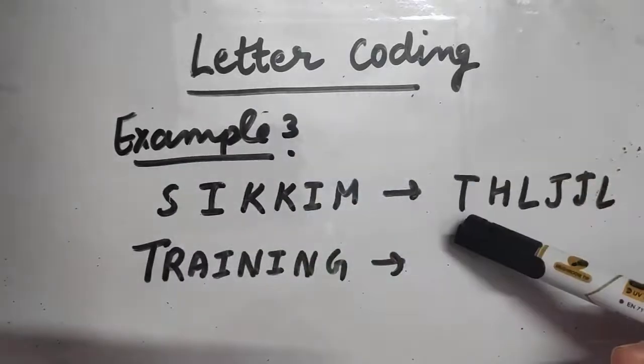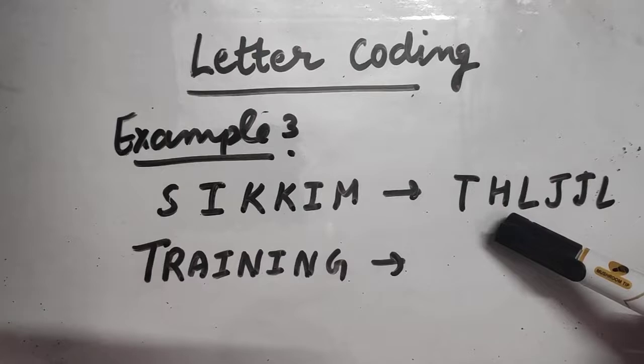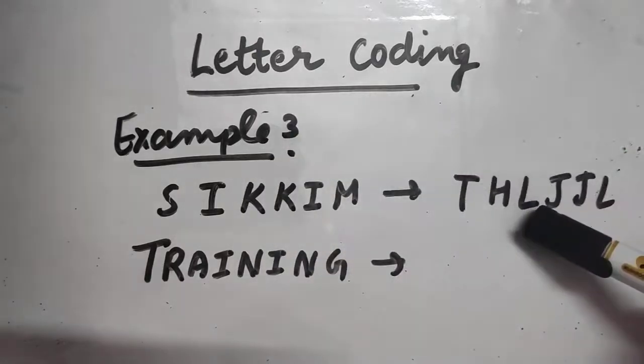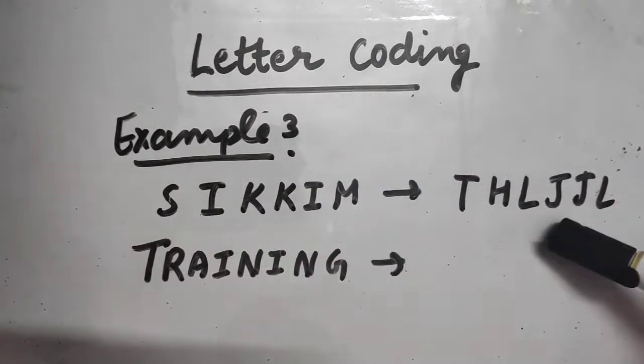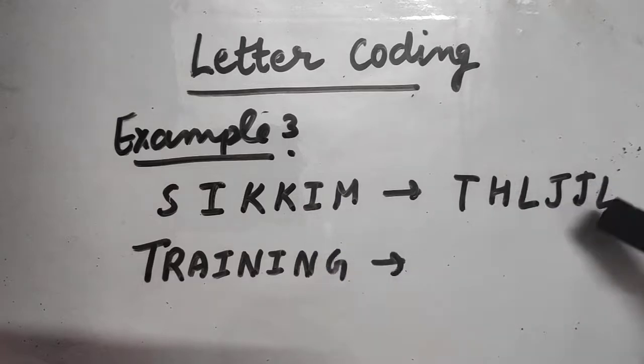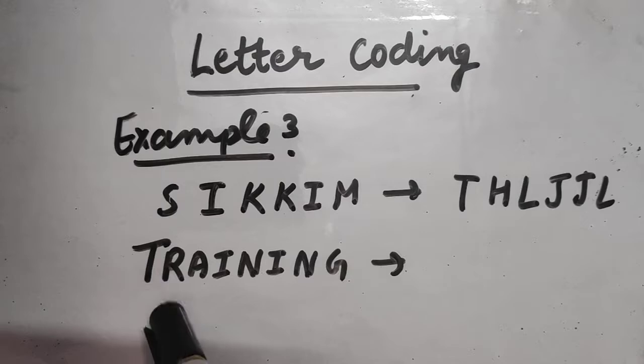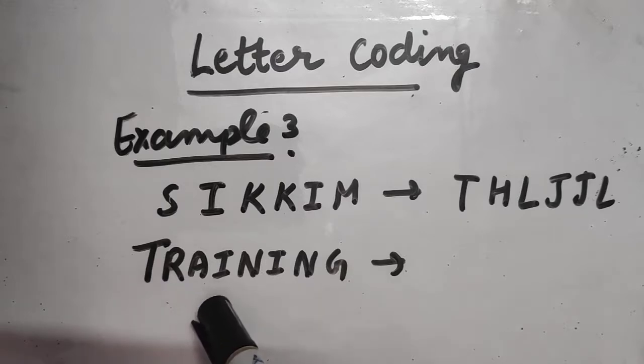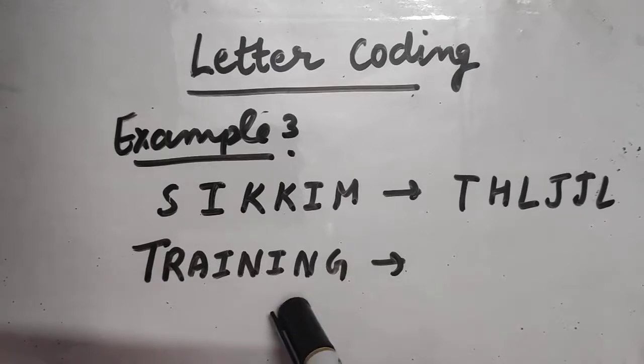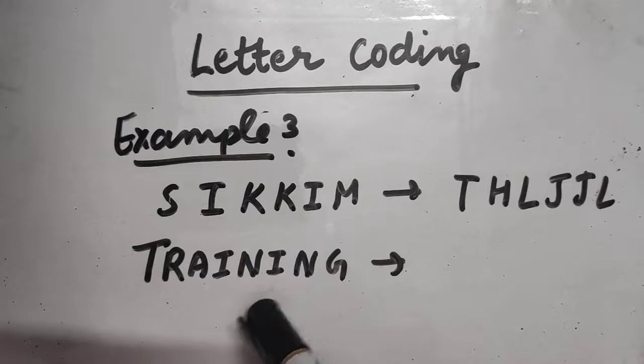S is moved one step forward, I is moved one step backward, K is again moved one step forward, the next K is moved one step backward, I is moved one step forward, and then M is moved one step backward. So similarly, we need to move the letters of the word TRAINING alternately one step forward and one step backward to obtain the letters of the code.